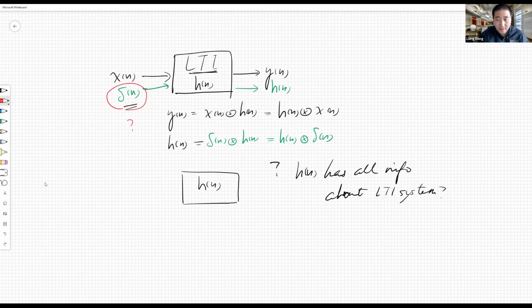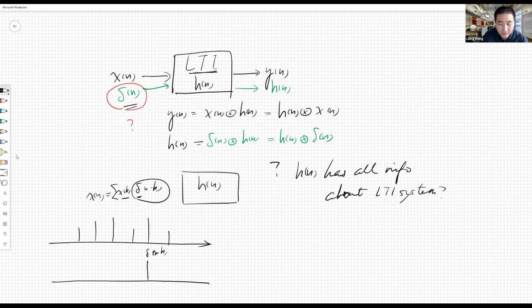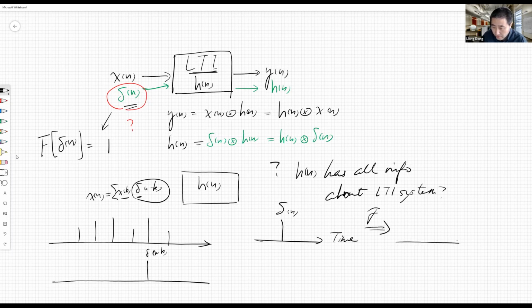The delta function is such a good testing signal. If I look at it from the frequency domain perspective, what is the frequency response of delta[n]? Later we will see the mathematical Fourier transform. If we transform it into the frequency domain, in the time domain I have a spike, this is my delta[n]. Its Fourier transform in the frequency domain has everything across the frequency span.